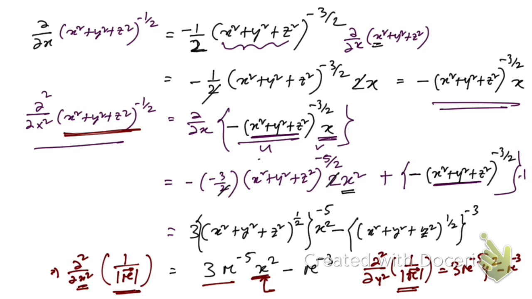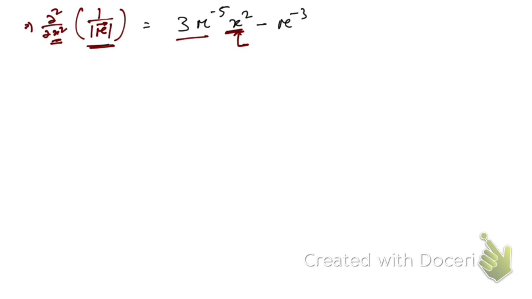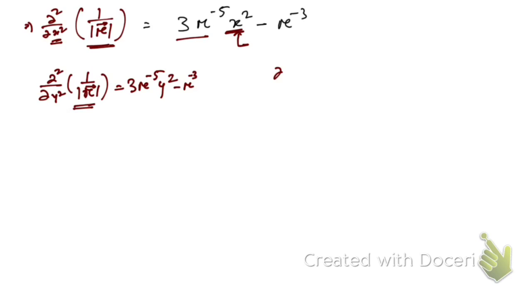Now let me copy these two results and go to a new slide. This one is the first result and the next one is this. Similarly we can find the third one.